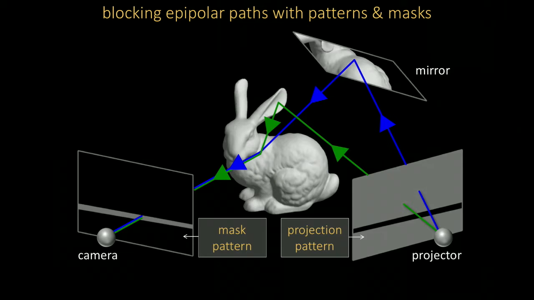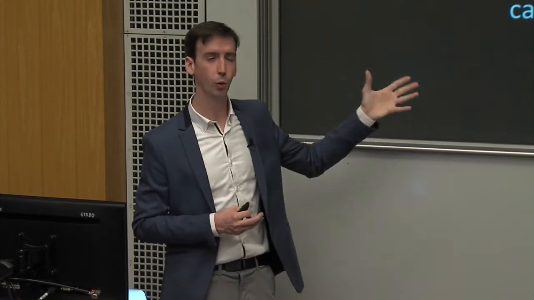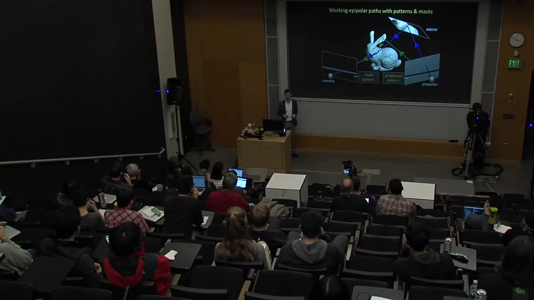Because we made sure not to turn on the epipolar line on the projector along with the epipolar line on the camera at the same time, we ensure that no direct light paths can ever actually make it from the projector through the scene and to the camera. Only indirect light paths will be exposed, or these pixels will only be exposed to the indirect light within the scene. But this is not very useful because all you're doing is exposing one line of camera pixels on your sensor. So we can go a step further.